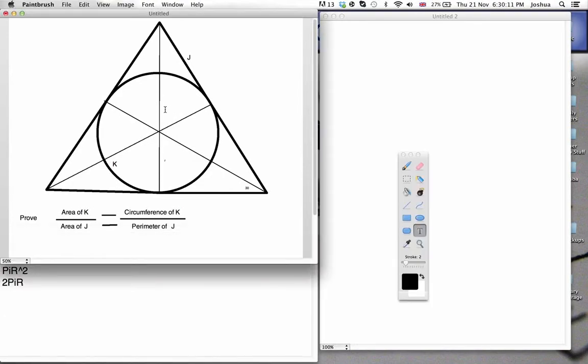So, guys, what you need to realize is: what is the outer length of this triangle? And what is this length, by the way?